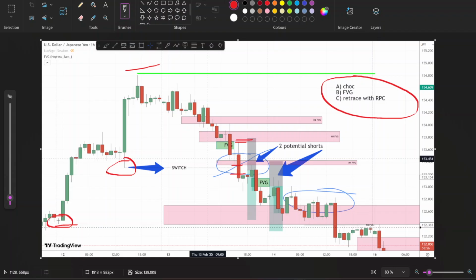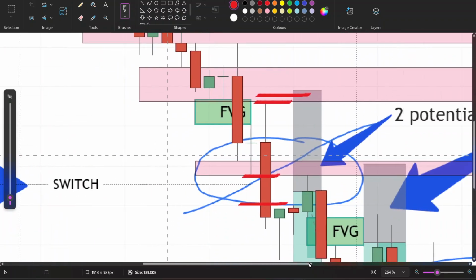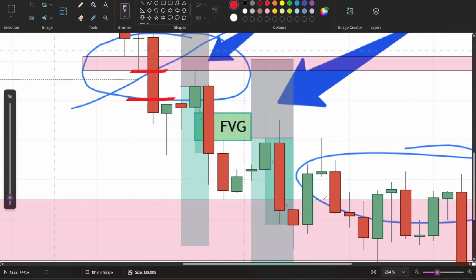Or with this second example here, let's make it big. With the second example, RPC is this green bar here. Notice we had power from here, we come all the way down to here, we create a gap, and the green bar goes into the gap, rejects, price does not want to go higher, and we display force like this, meaning we should want to go lower.